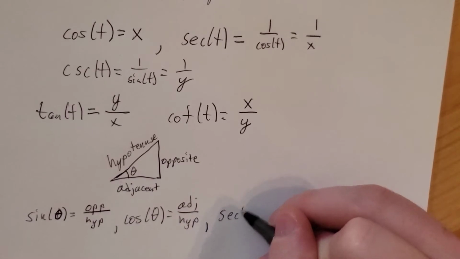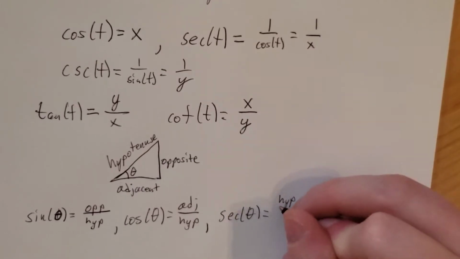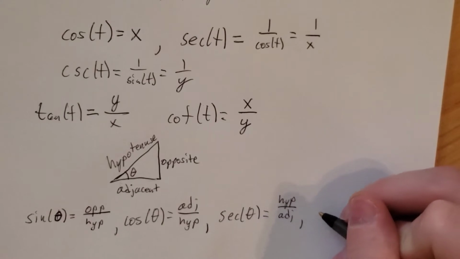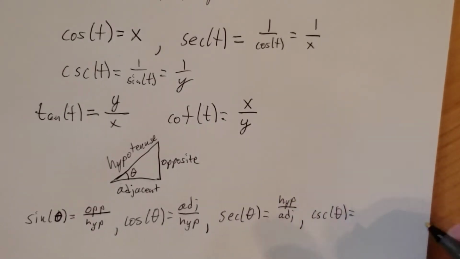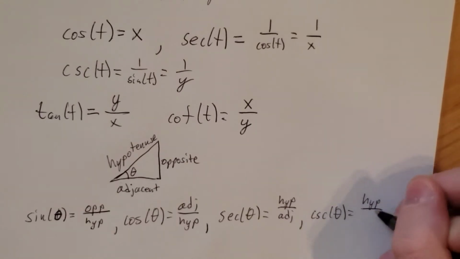Similarly, secant of theta is 1 over cosine, which means we switch these. This is the hypotenuse over the adjacent side. We have cosecant of theta, which is 1 over sine. 1 over sine is 1 over opposite over hypotenuse, so that becomes the hypotenuse over the opposite side.